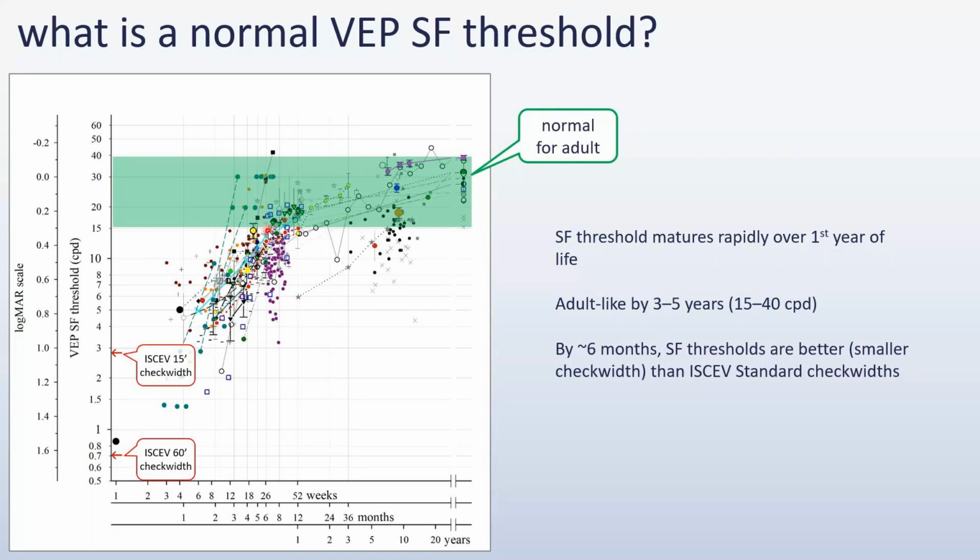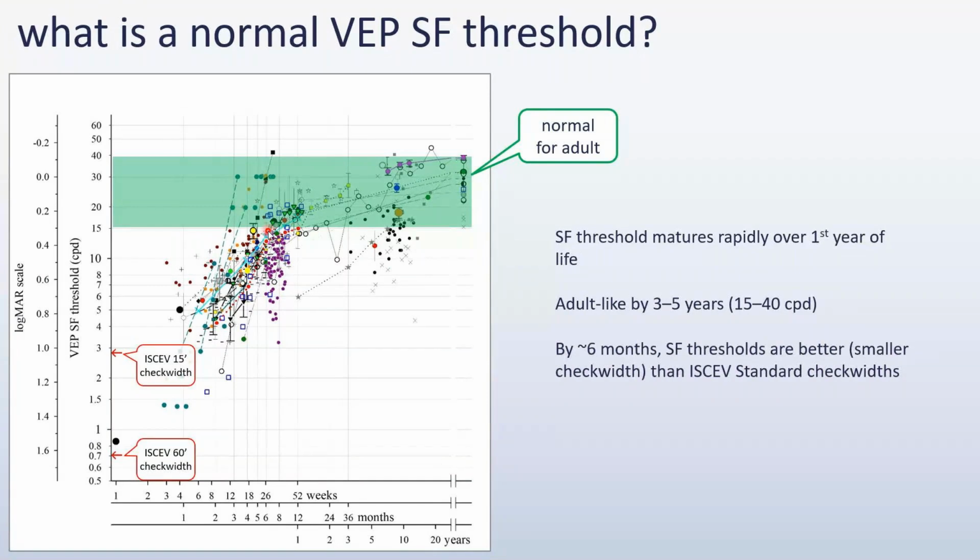Age is shown on the x-axis on a logarithmic scale, while VEP thresholds in cycles per degree, again logarithmically, are shown on the y-axis. And each of the different coloured spatters of dots represents a different study. The test types used and the variations exist across there, but you can see quite a good consensus on the sort of thresholds that are obtained.